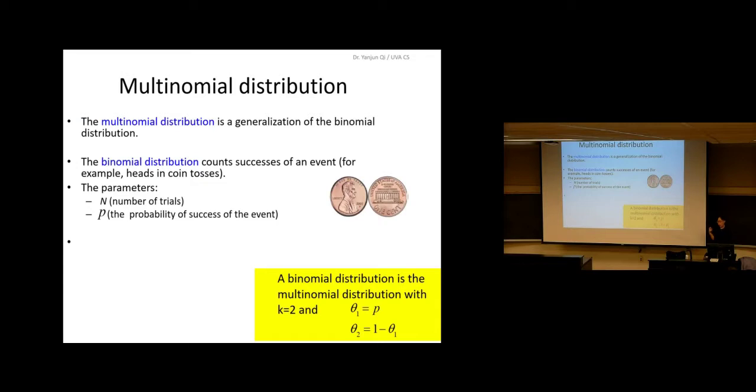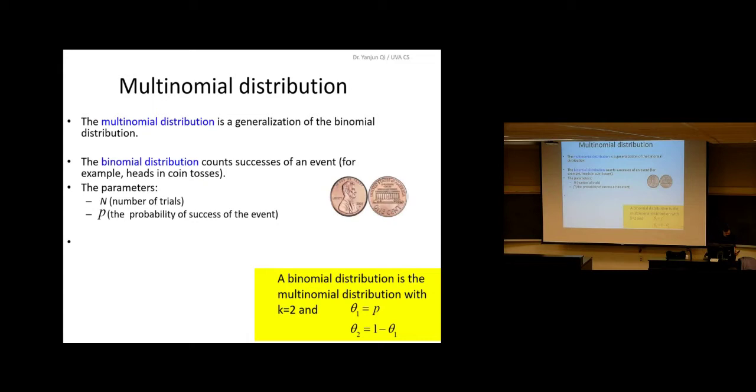Before I talk about multinomial, let's cover binomial, because we understand Bernoulli. The binomial distribution is a count of the successes over n events. If you flip a coin n times, the distribution of how many times the heads appeared is a binomial distribution.